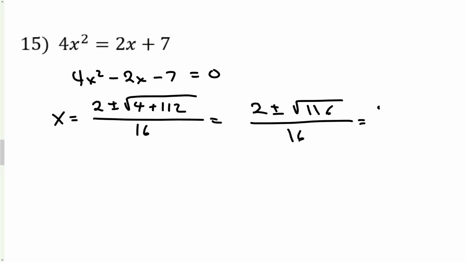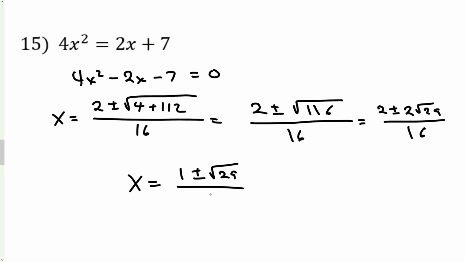So we get 2 plus or minus 2 square root 29 over 16. I can't simplify the 16, but I can divide everything by 2. So therefore, x is going to be equal to 1 plus or minus the square root of 29. We divided everything by 2, so this is going to be over 8. Great.